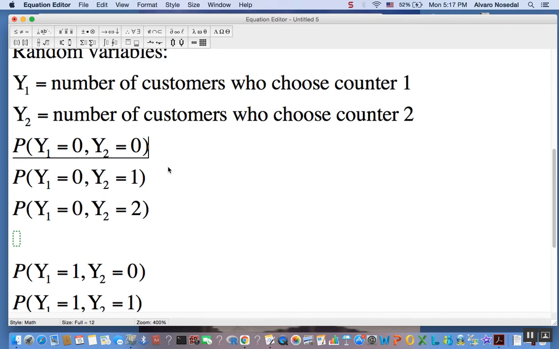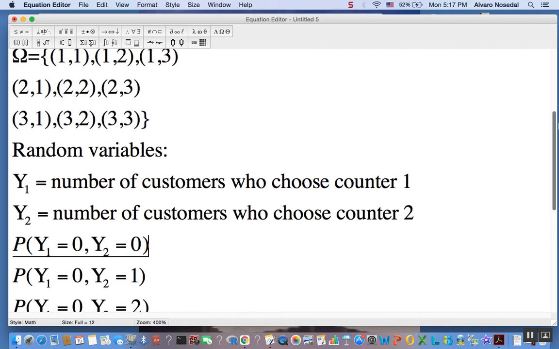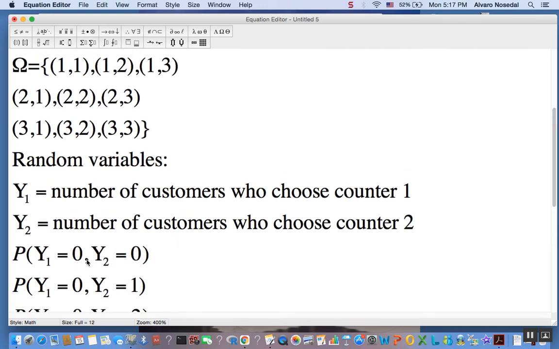Make sense? Now let's try and find the probability that y1 equals 0 and y2 equals 0. That means that out of these 2 customers that we're keeping track of, none of them went to counter 1 and none of them went to counter 2. The only way that could happen is if both customers went to counter number 3.